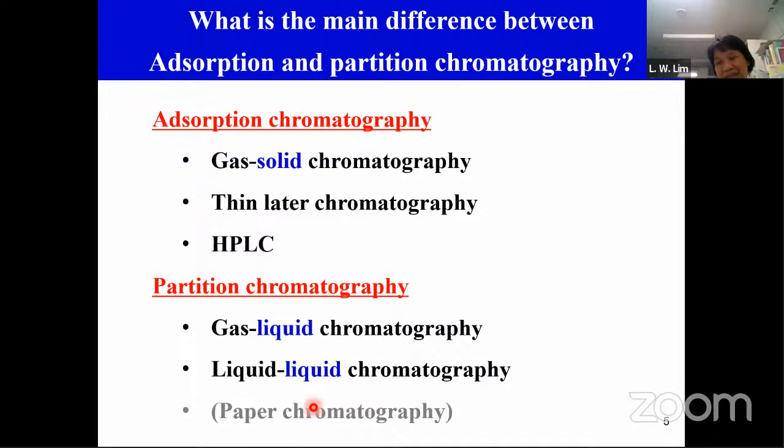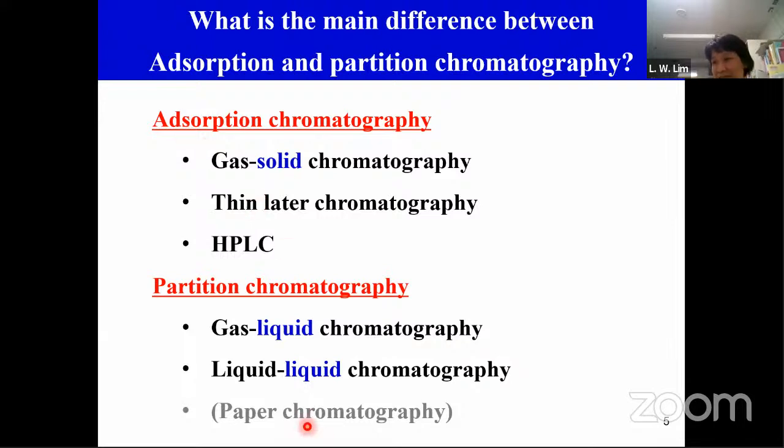And some people say paper chromatography is also under partition. Different people have different perceptions of whether paper chromatography is partition, or whether paper as a solid support can be absorption as well.